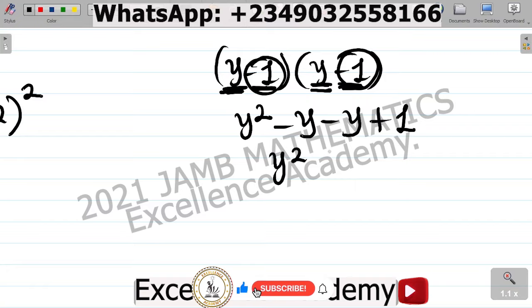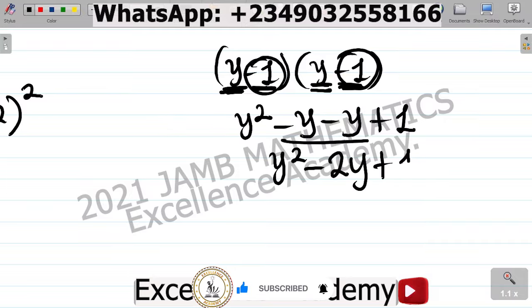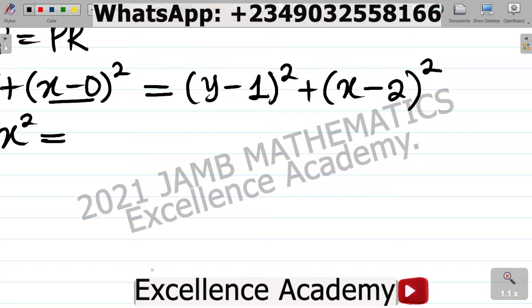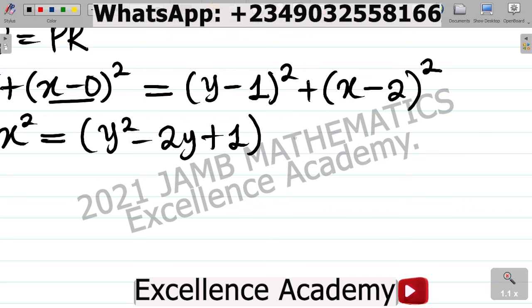This gives you Y squared minus 2Y plus 1. That's for the first one.